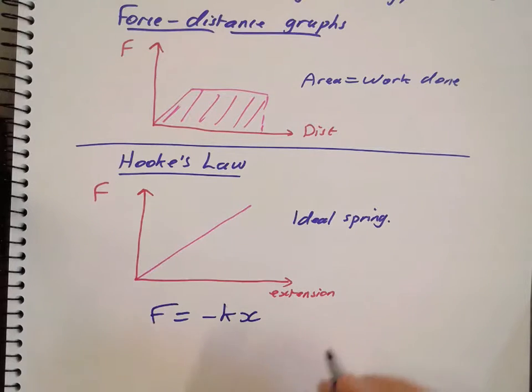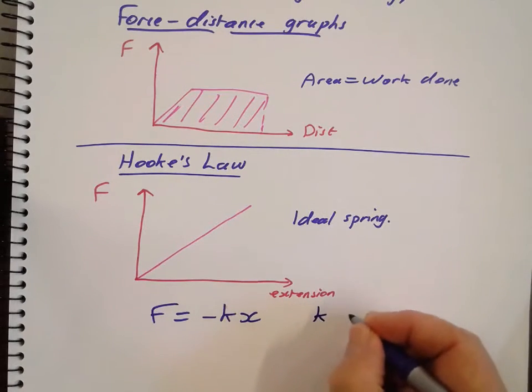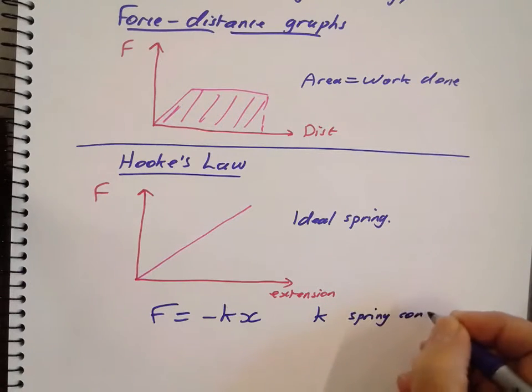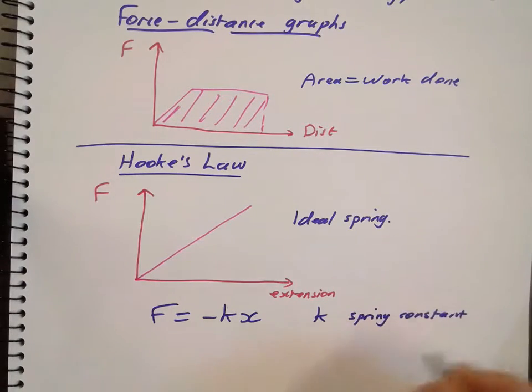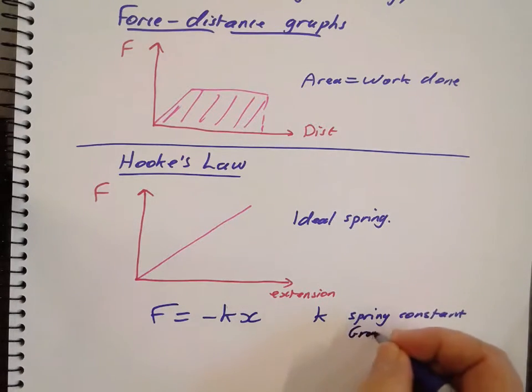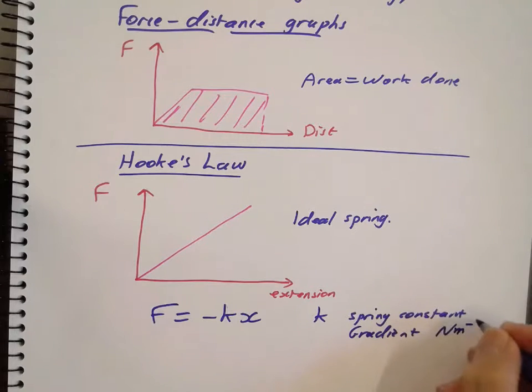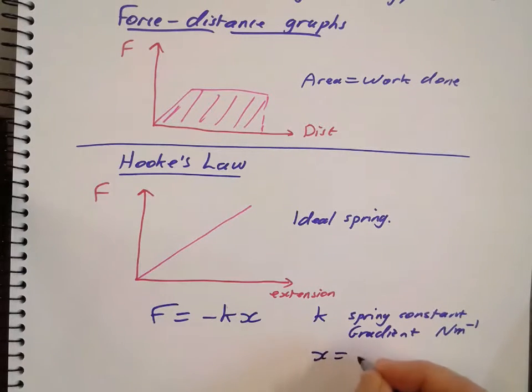F equals minus kx, where k is the spring constant, which is the gradient, and that would be newton metres to the minus 1. x equals extension, so that's the change in length. Okay?